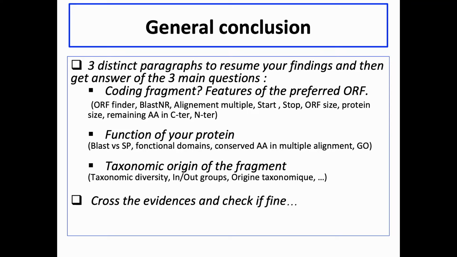You should cross all of the evidence and check if it is fine. If they are not fine, don't worry about that. It's your results. You should say they are not fine. I crossed all of those aspects, but they are mismatched, or they are not going the same way.